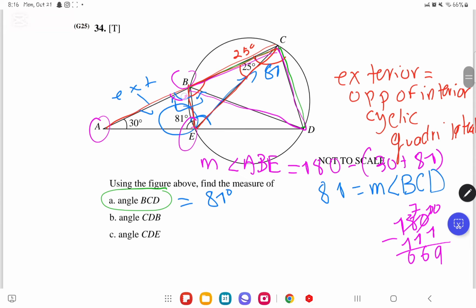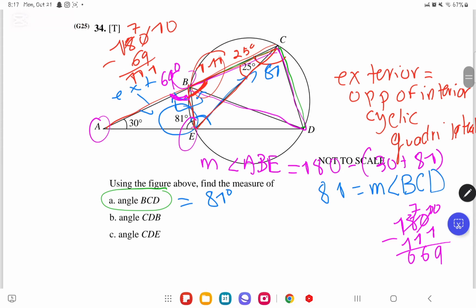So now we have that this angle over here is 69 degrees. So very simply we can what? We can find this angle over here in red by doing 180 minus 69, which is 111. So this angle over here is 111.